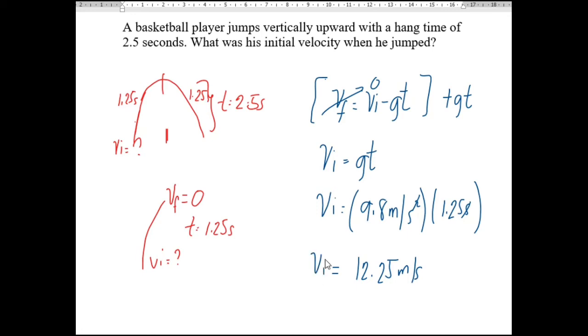So that is the initial velocity. Okay, take note, it's positive because it's upwards. Now, if you're going to look at the downward motion, since air resistance is neglected, the final velocity is also expected to be 12.25 meters per second. Pero let's try to solve it para I can show you how it will be different kapag downward.